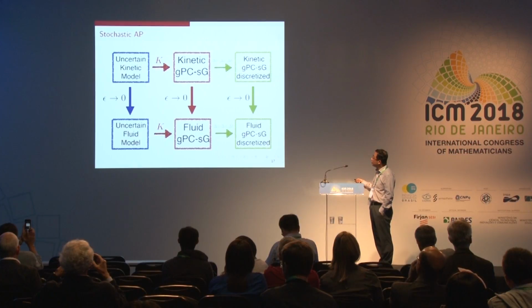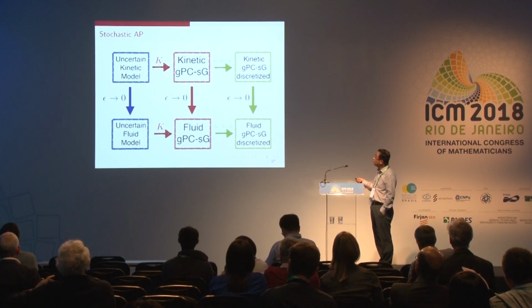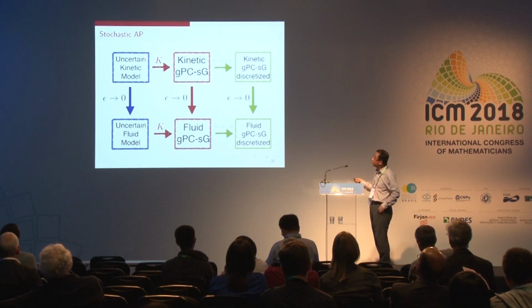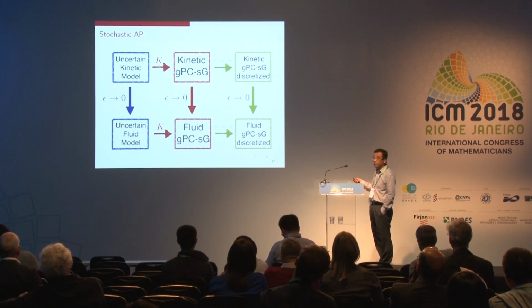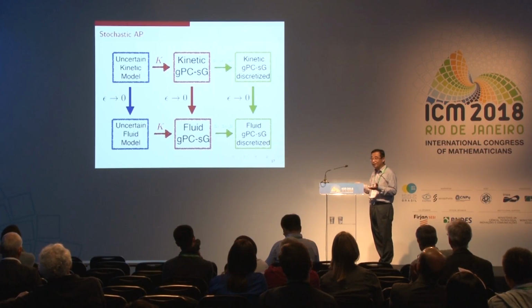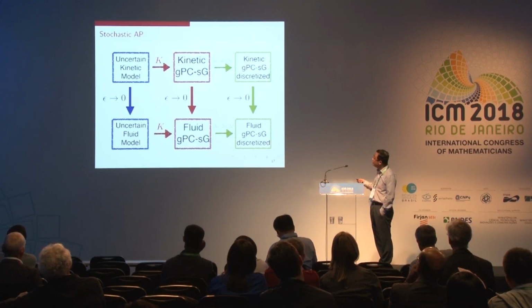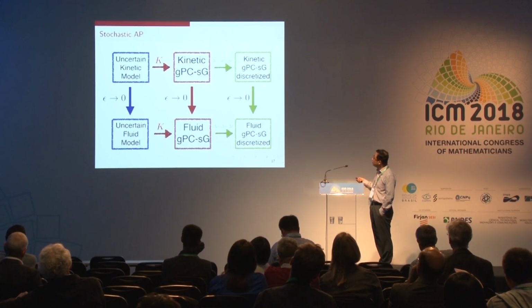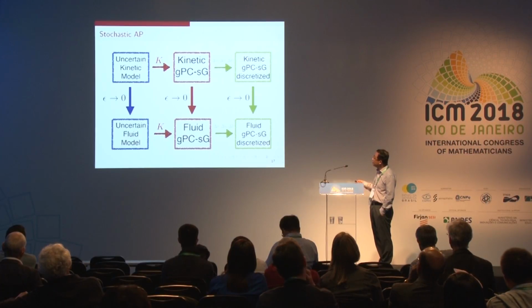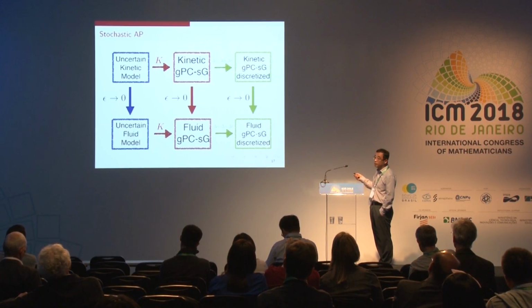Now you discretize it by the stochastic Galerkin method with a polynomial degree up to k. All right? So at this level, you get a deterministic system. And once you have a deterministic system, then we can use this AP machinery that has been developed in the last 20 years for deterministic kinetic equations. Then you derive a scheme which actually allows you to take the limit, either take the epsilon 0 limit first, or you take the numeric parameter to 0 first, and this limit commutes.